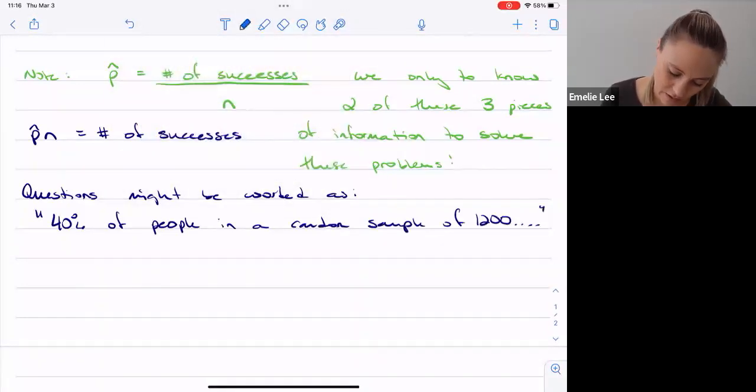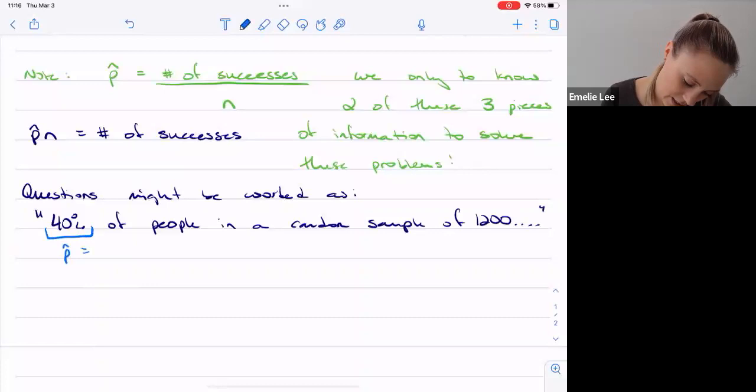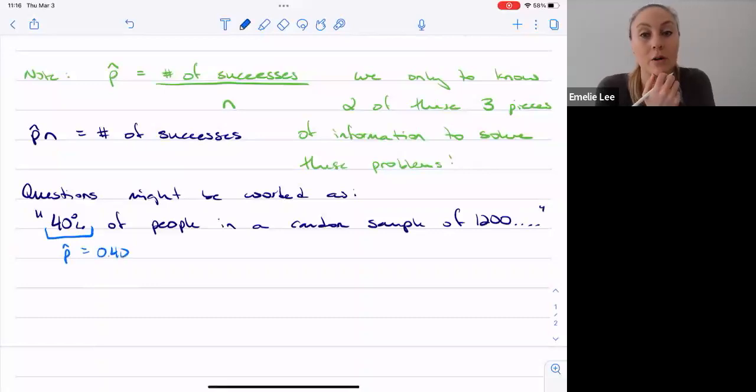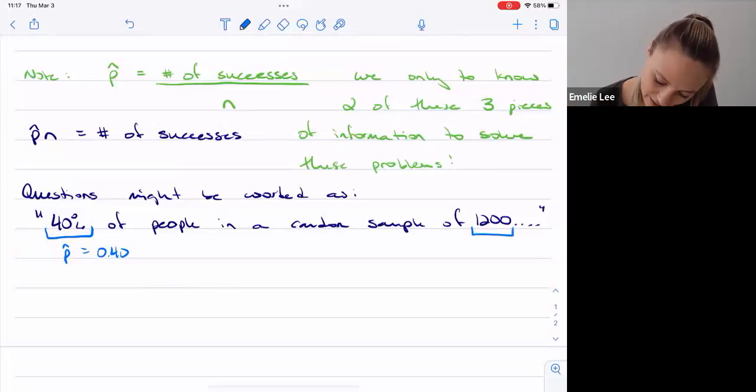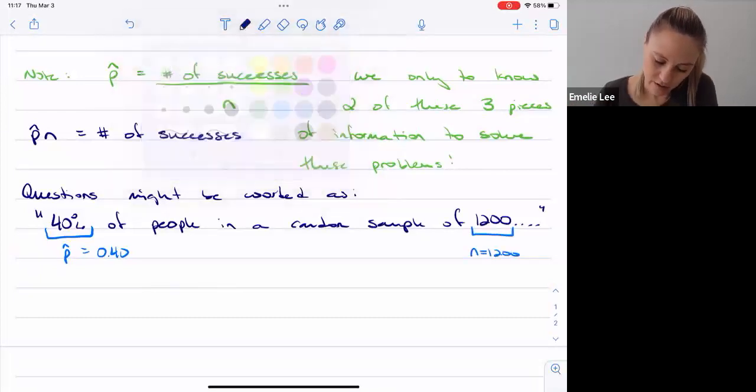So here, this is your p hat. P hat is 0.40. Remember, proportions are not percentages, right? But often we report proportions as percentages by multiplying by 100. But proportions in our calculations have to be decimals. So our p hat is 0.4 and our n is 1200, right?